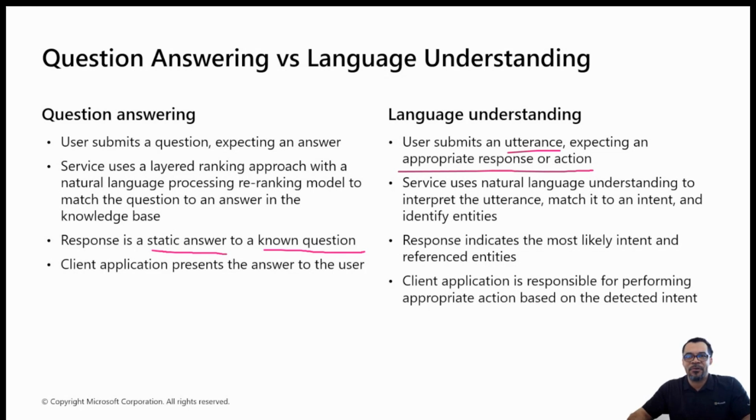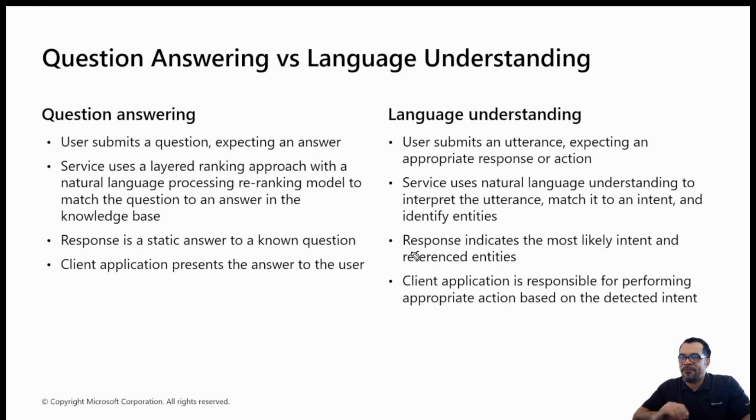Do this or give me that. The service uses natural language understanding to interpret the utterance, match it to an intent, and identify entities, which we'll demonstrate as part of our lab exercise. The response indicates the most likely intent and referenced entities. So what does this actually mean?